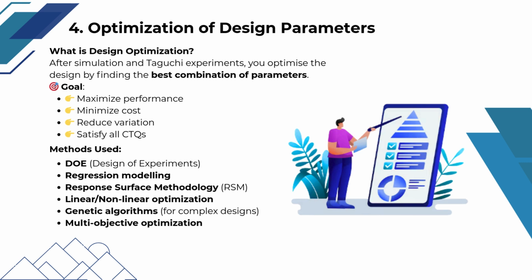Various methods are used for optimization, including design of experiments to systematically test factors, regression modeling to quantify relationships, response surface methodology (RSM) for exploring parameter effects, linear and nonlinear optimization techniques, genetic algorithms for complex designs, and multi-objective optimization when balancing competing goals. This ensures the final design is efficient, reliable, and aligned with customer needs.